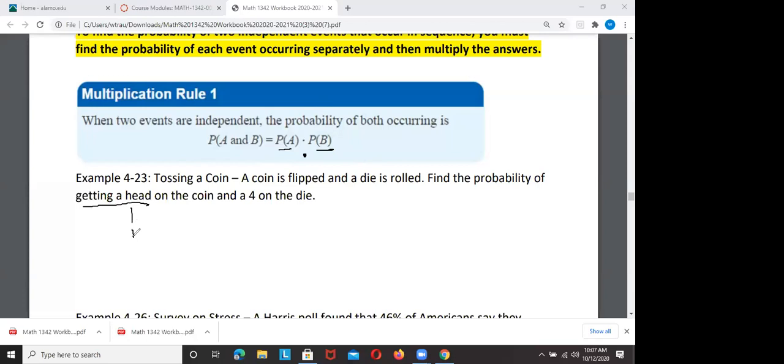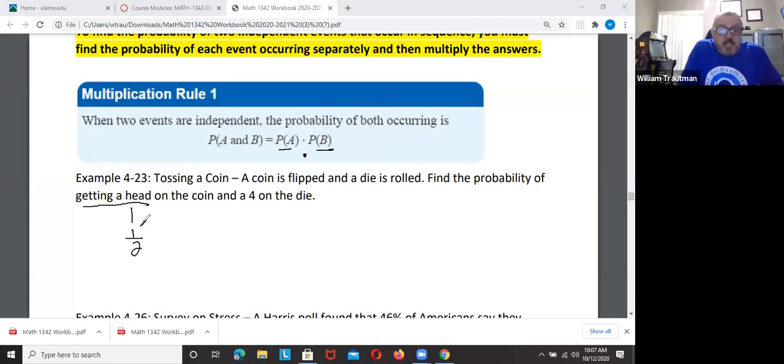Yeah, 50% or 1 out of 2. The desired outcome is there's only one head on the coin, and the bottom is the total number of sides of a coin. There's 2. And rolling a 4 on a dice, there's only one 4 on a dice, but the dice has 6 sides. So rolling a 4 is 1 out of 6, and getting a head on a coin is 1 out of 2.